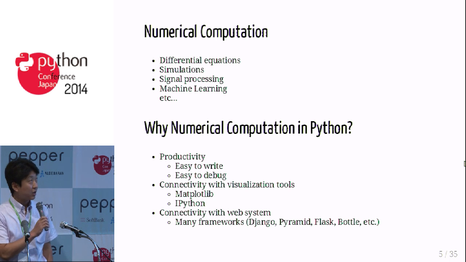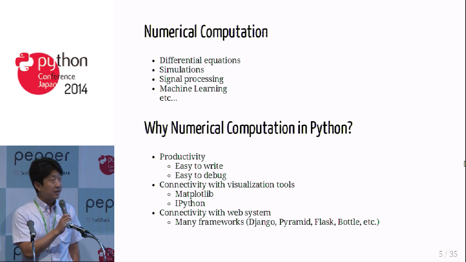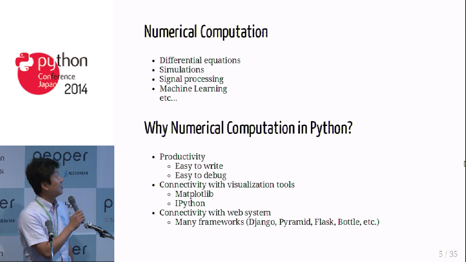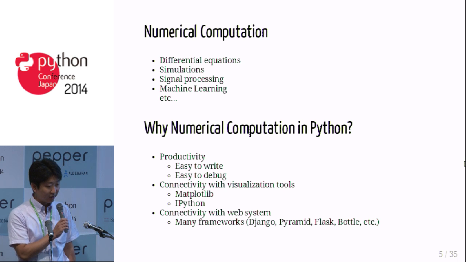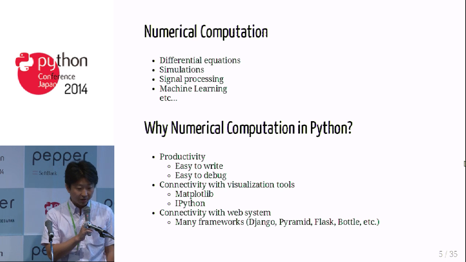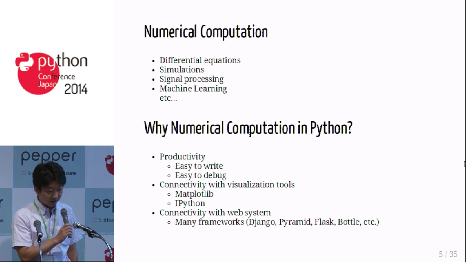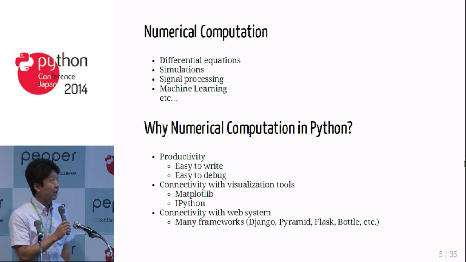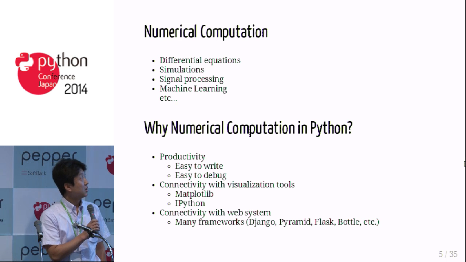So what is numerical computation? Or in other words, we also say numerical analysis. This is just a list of what comes to my mind. This is not all, but for example, differential equation, simulations, signal processing, machine learning, etc., are called numerical computation.